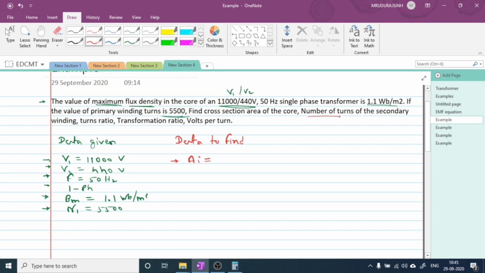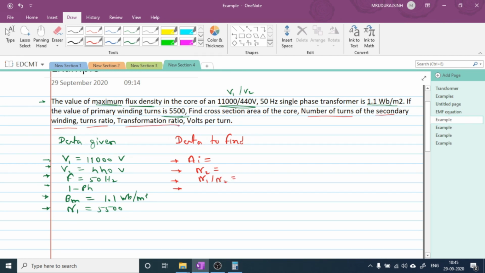Then the number of turns of secondary winding. The next we need to find is N2, number of turns in secondary winding. Then turns ratio, which is N1 by N2.